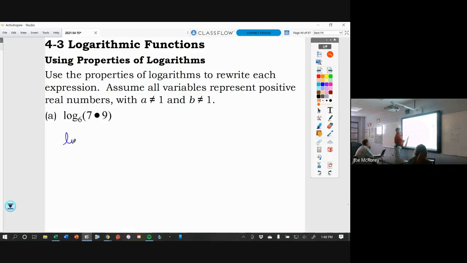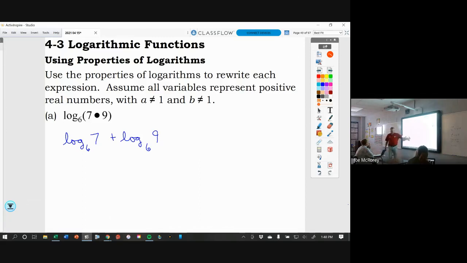So I have log base 6 of 7 plus the log base 6 of 9. That's the book's answer. But I guarantee you, if I was to do this problem, that would not be my answer. So maybe I'm getting ahead of things. I don't really care. I'm going to do it anyway.